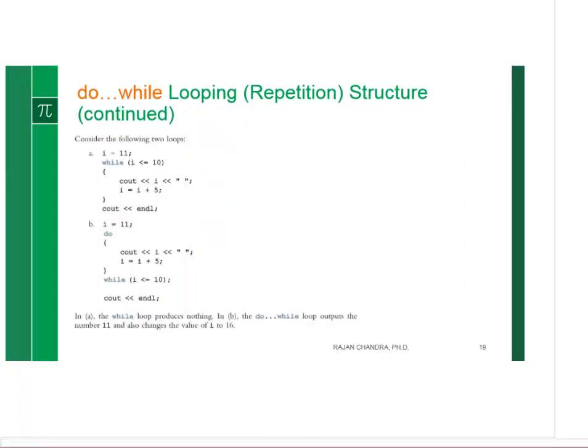And here we show an example where the same task is performed using two loop structures. One is a while loop, the second one is a do while loop. I want you to study this and try to understand what's going on.